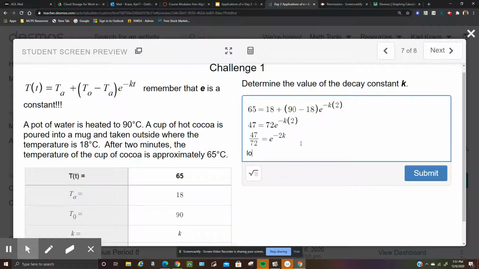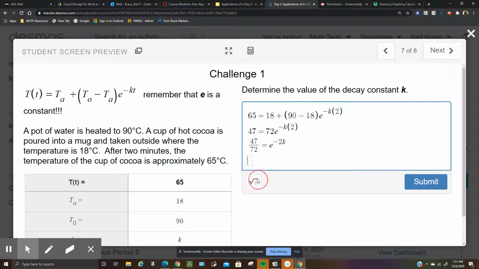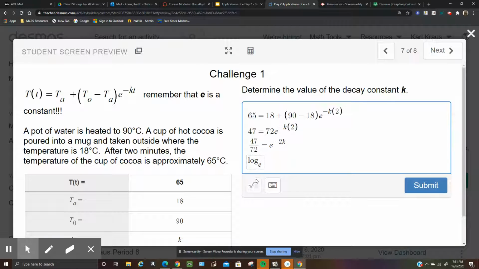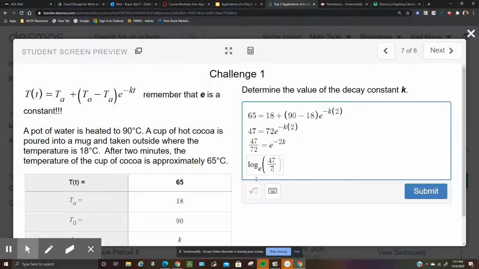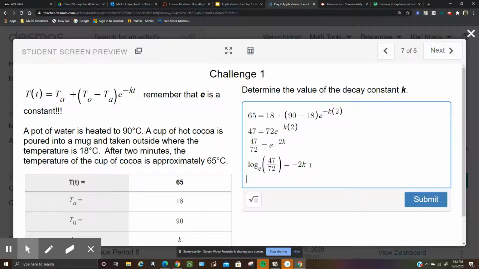So change this to a logarithm. Log base e of 47 over 72 equals negative 2K. And then finally divide by negative 2.